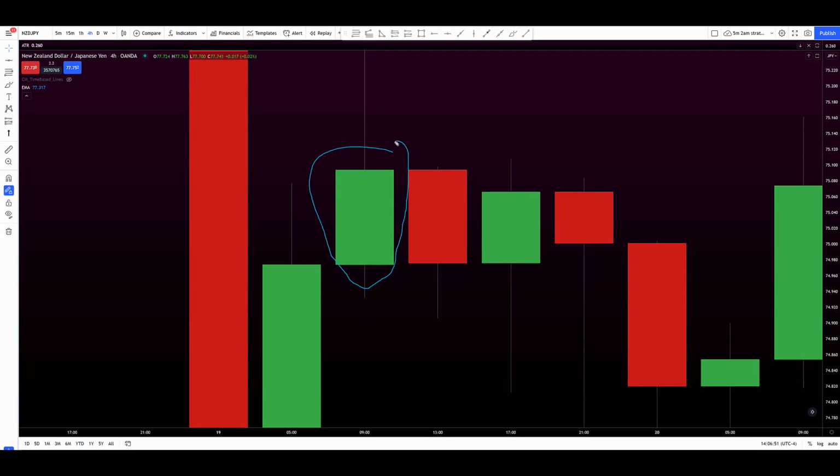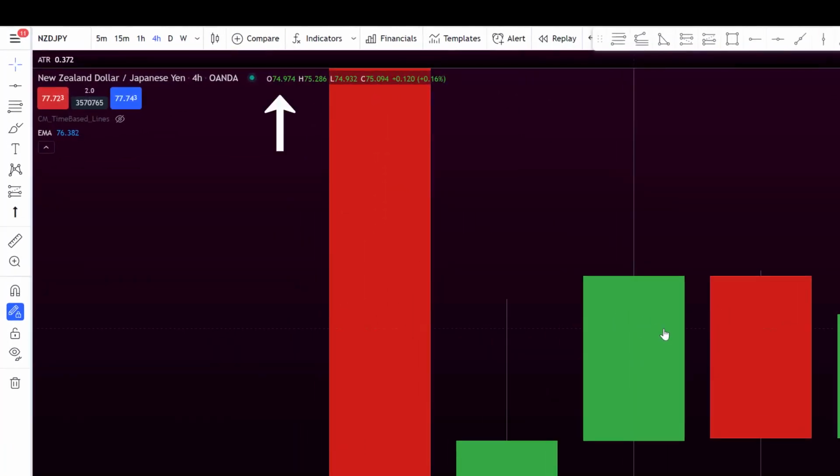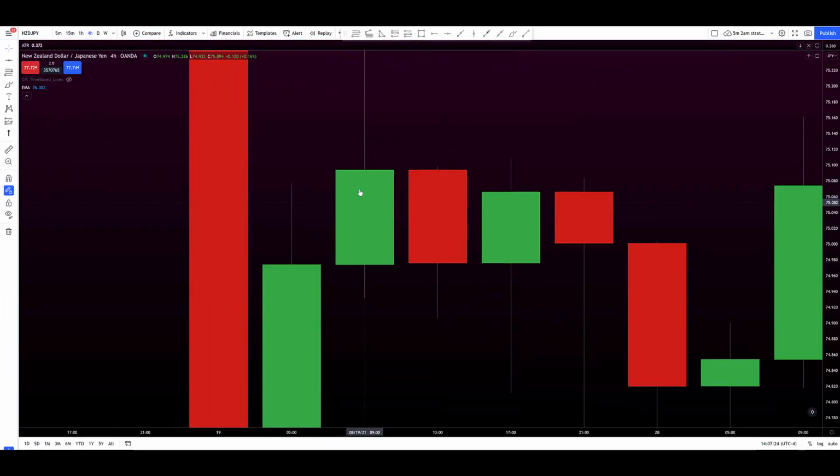If you ever have trouble with this, the open of this candle was 74.974, and then look at the close of this candle. If it's not lower or the exact same price, then it is not an engulfing candle. So here we have 74.974 on our open. Here on our close, we have 74.976, which means it's a higher number than this number.